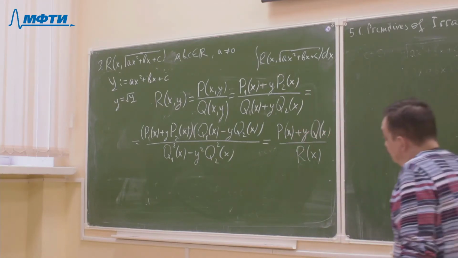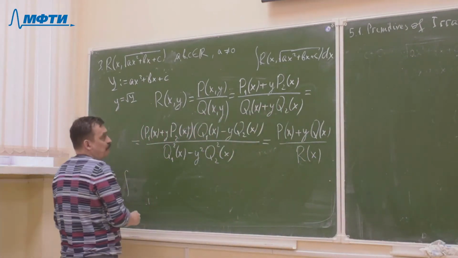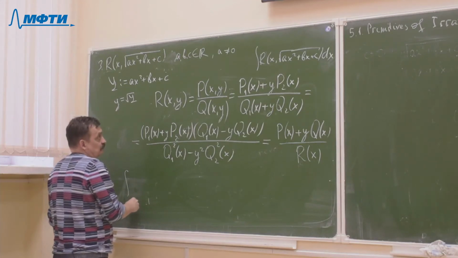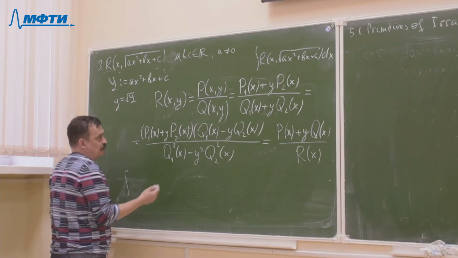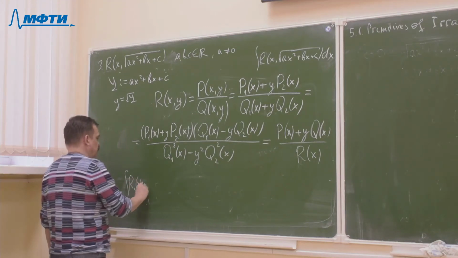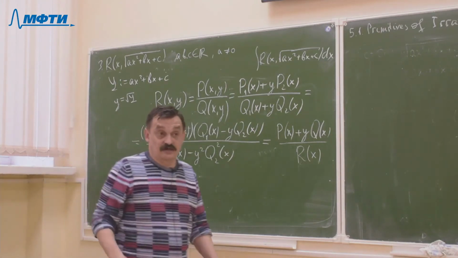So what remains is to be able to compute an integral of, okay, now it will be a different, let's say r1 of x times y dx. r1 is a rational function now.